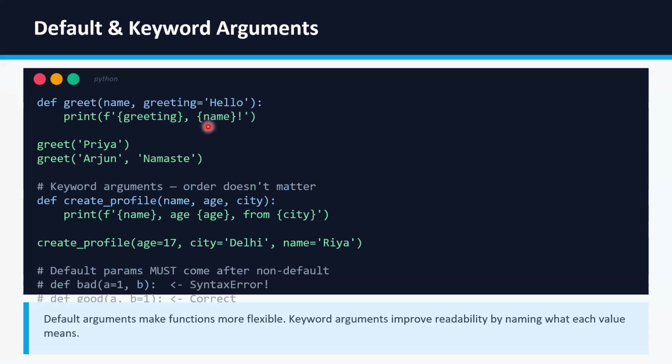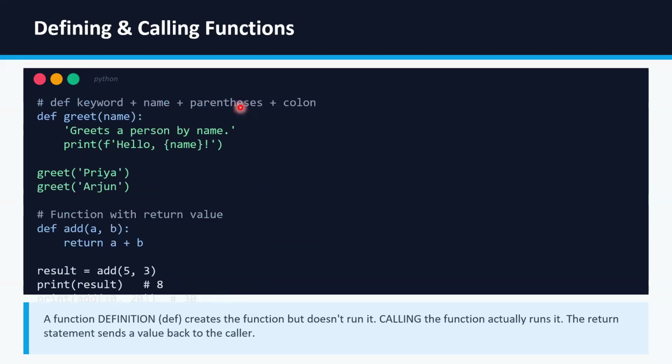Now, see here, this is an interesting one. Def greet of name, comma, greeting equal to hello. In the previous programs we were not assigning a value to the parameter; we were just declaring it.